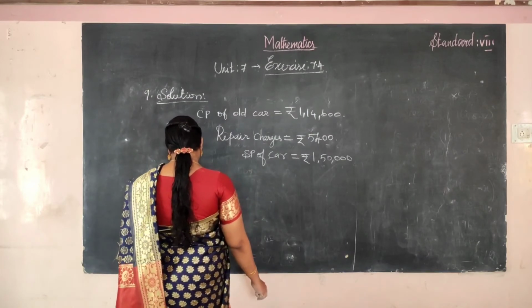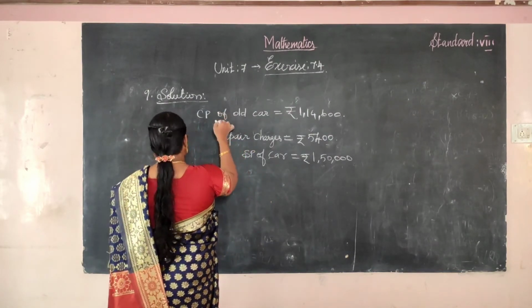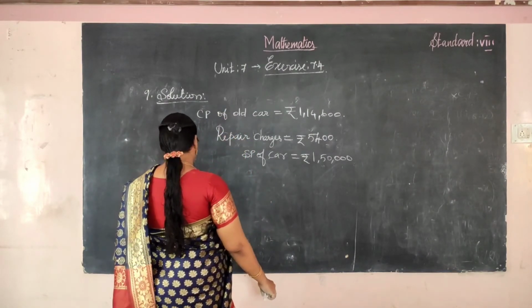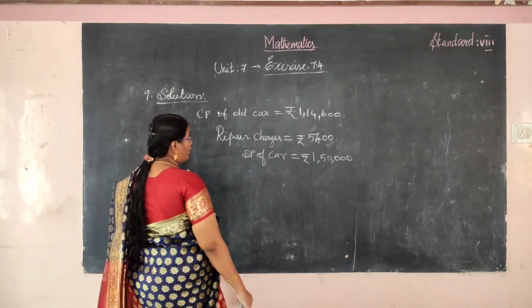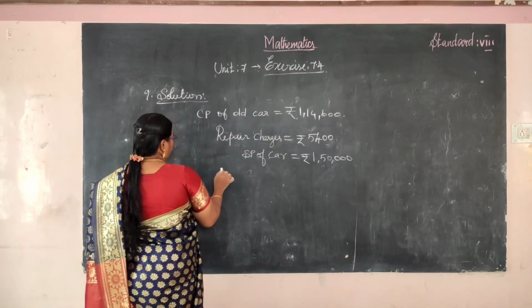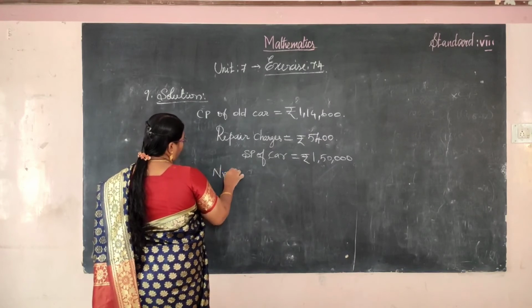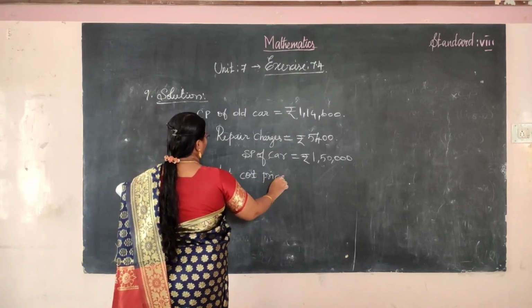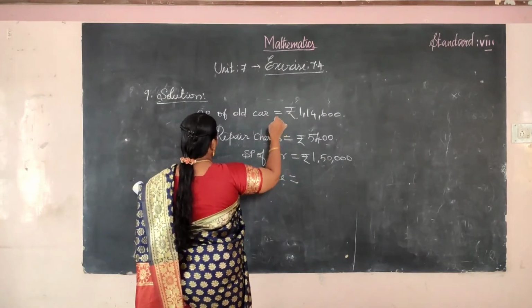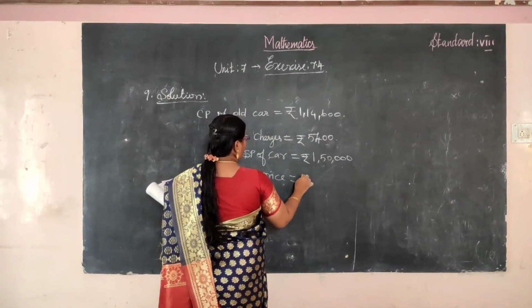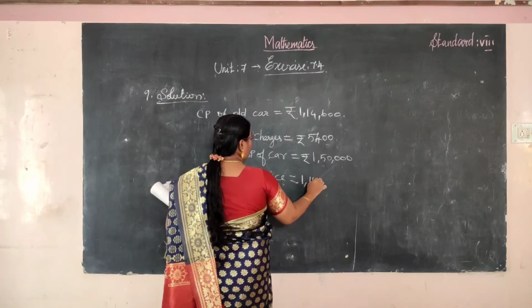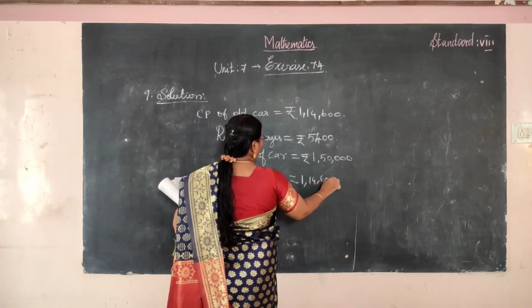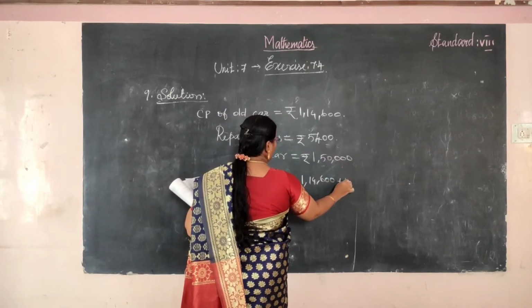So first we have to calculate the net cost price, or total cost price. Net cost price means the cost price of the car plus repairing charges.